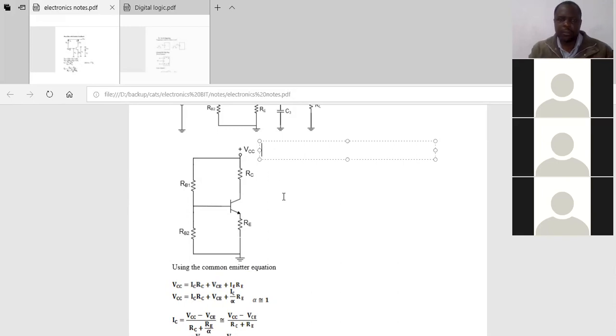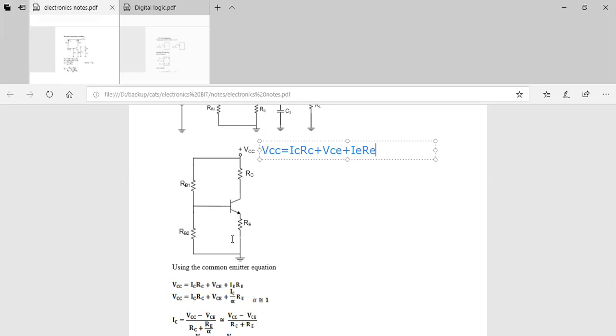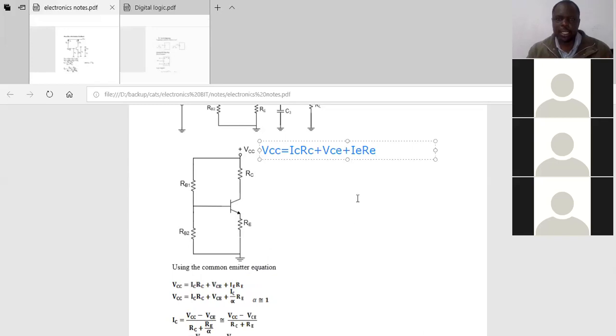What is the collector emitter equation? It's given by VCC equals ICRC plus VCE plus IERE. That's what we usually call the collector emitter equation. And I've actually talked about it several times, not just now.